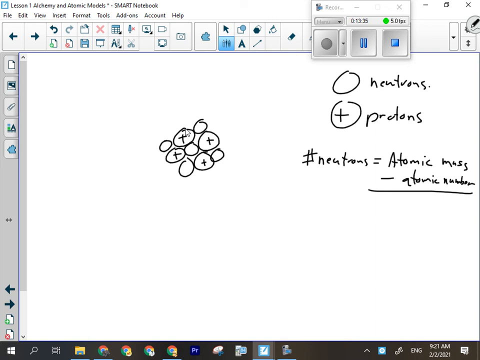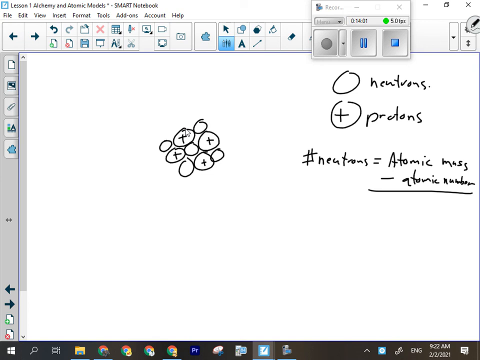Another tricky one. An atom is electrically neutral. Its charge is 0. So if I've got 4 protons, how many electrons do I have? 4. There's 4 positively charged particles, so there have to be 4 negatively charged particles. The number of protons and the number of electrons is always the same in an atom.